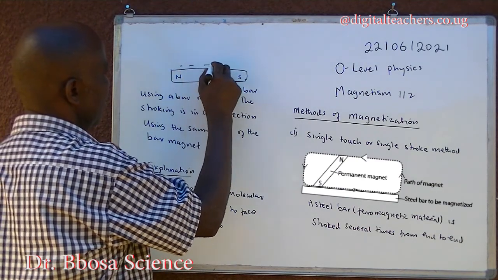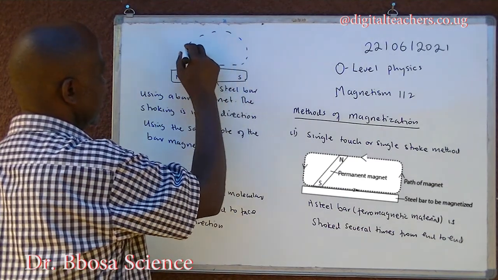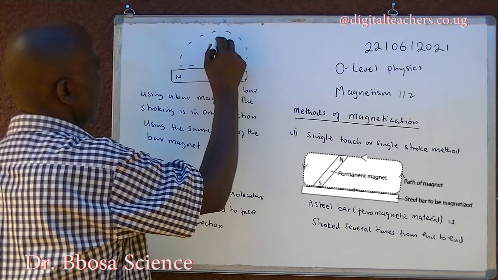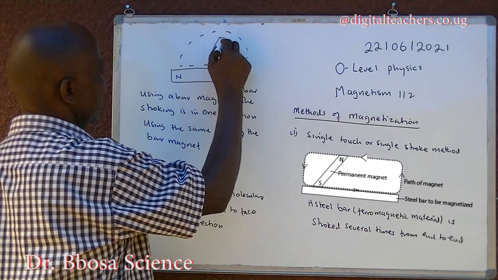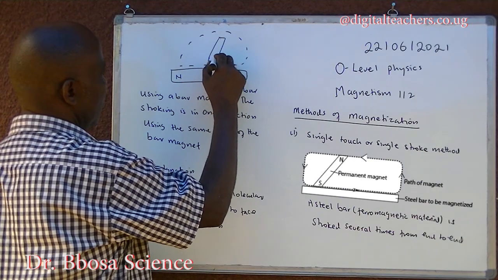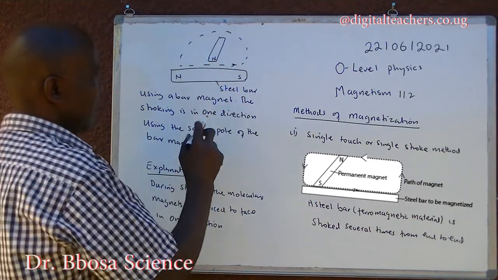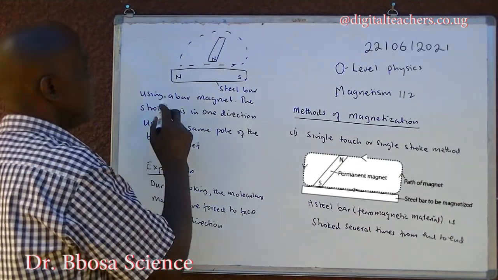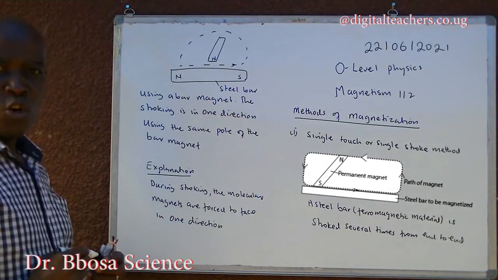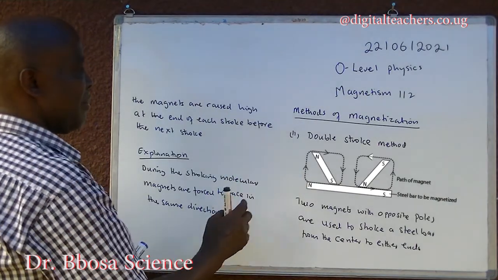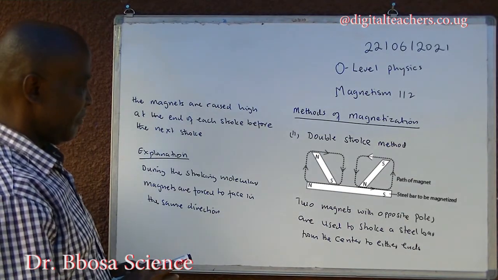So if the direction of stroking is this, and we are stroking with a north pole over the bar, this becomes the south pole, this becomes the north pole.